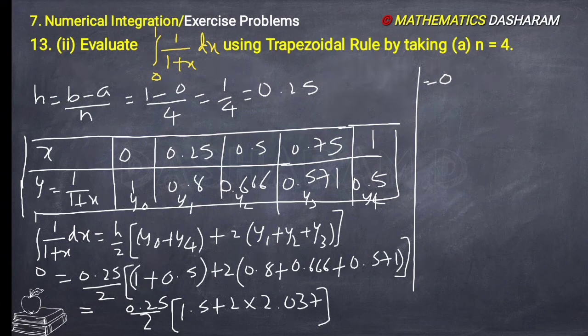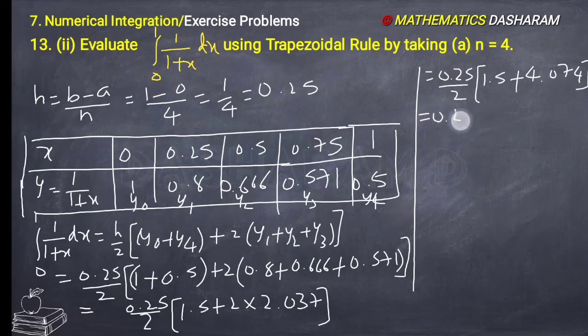So it is equals to 0.25 divided by 2. So 1.5 plus 2 into 2.037 is 4.074.